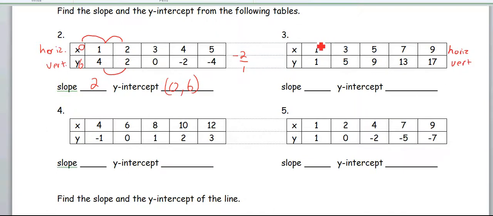So when x goes up 2, y goes up 4. Let's see, up 2, up 4. So I can make my fraction as, remember, the vertical change, 4 over 2, and 4 divided by 2 is 2. Now my y-intercept, this is interesting.